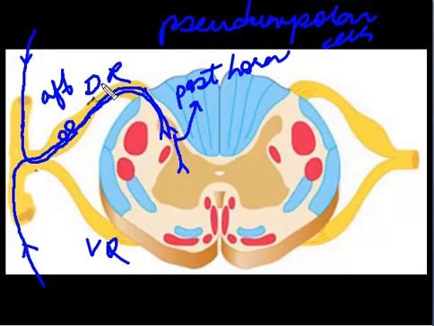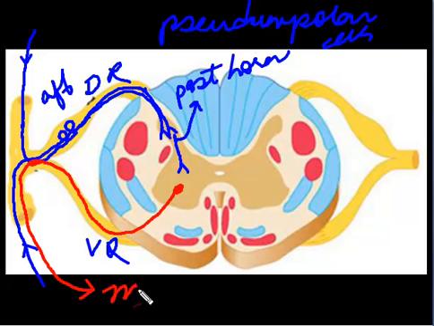Now let's see about efferent impulses. Efferent impulses always begin here in the spinal cord. They begin in the anterior horn cells. They exit the spinal cord, get into the ventral root, go into the spinal nerve, and if they have to go to a muscle, in some cases glands, but let's say skeletal muscle in the anterior aspect or lateral aspect of the body, they'll go into the ventral ramus.